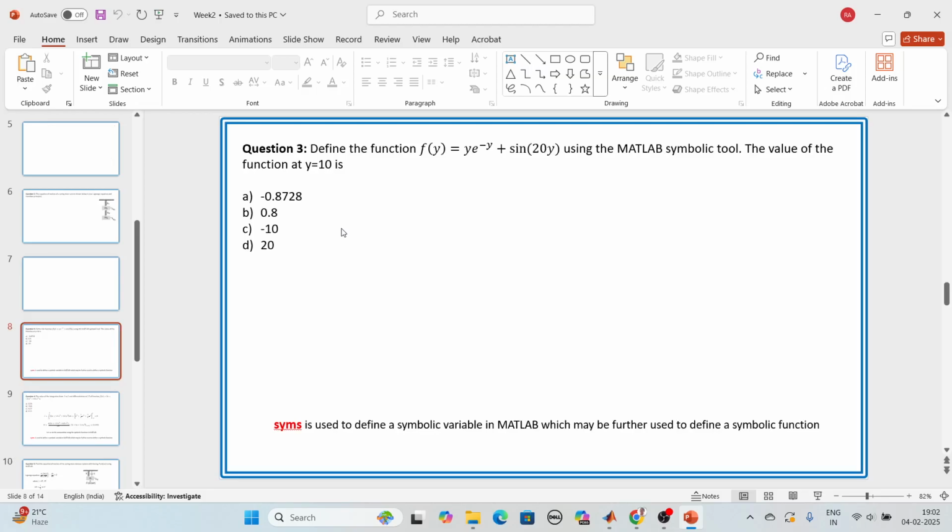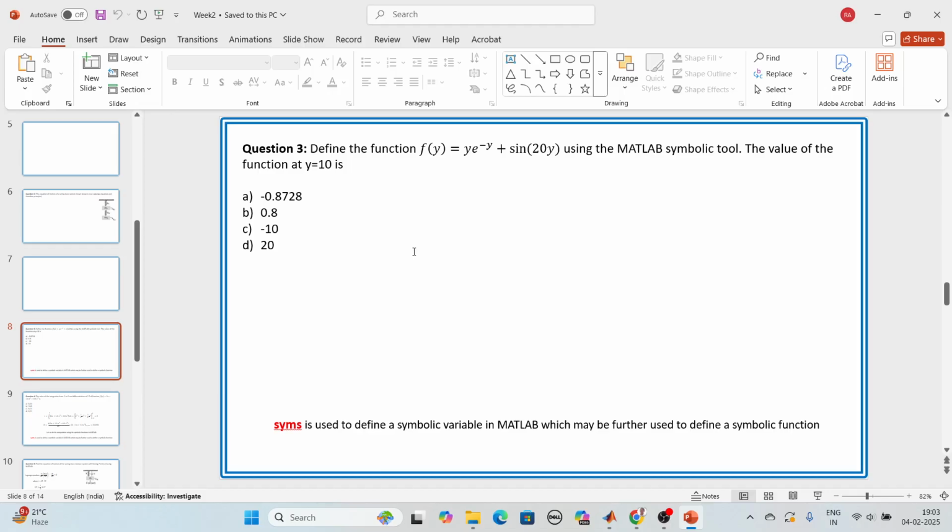Okay, so is my screen visible? I'm assuming my screen is visible. So this question, we have a given function, and we have to use the MATLAB symbolic tool to find the value.